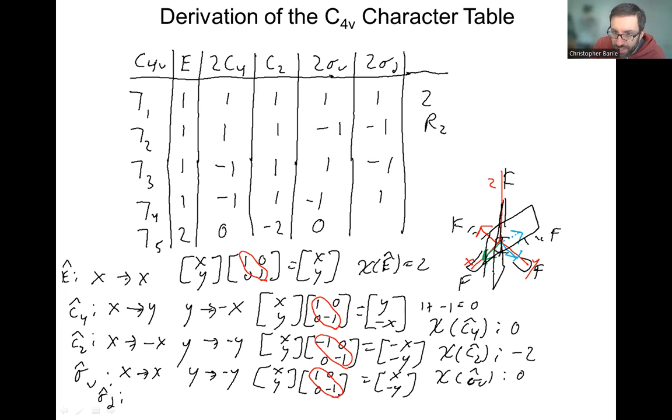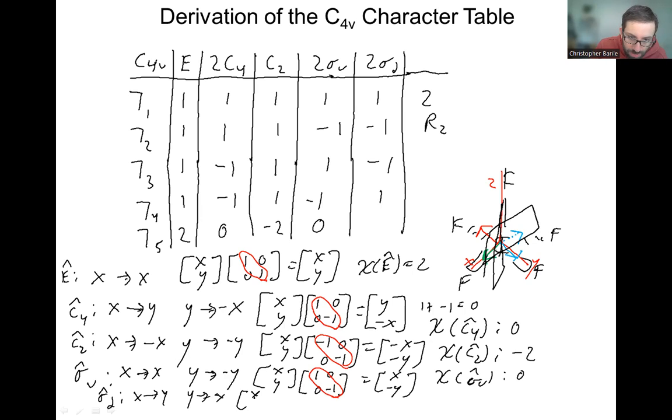So this x is actually looking at itself in the mirror plane, and it's going to transform into y. It's looking at itself at a 45-degree angle. And same thing with the y. It's a mirror plane that's going right between the two. So y is going to be looking at itself at x. So x goes to y and y goes to x.